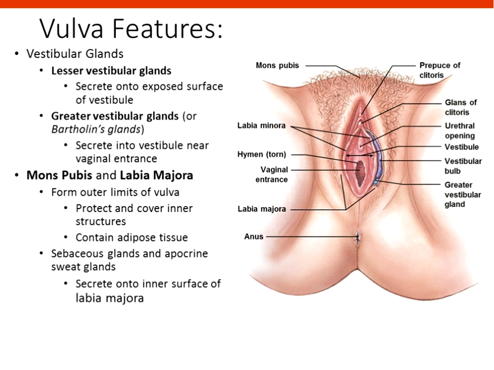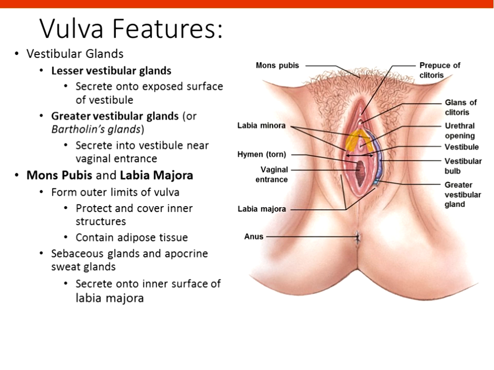Okay. So again, the mons pubis is a fat pad. Part of what the fat pad, the skin, and the hair do, it's all for shock absorption during intercourse. Right? Again, your lesser vestibular glands are going to be located up and around here in that tissue, and are going to secrete, and their secretions are going to be more towards the urethra, whereas the greater is back here, and it's going to make its secretions more towards the vagina.